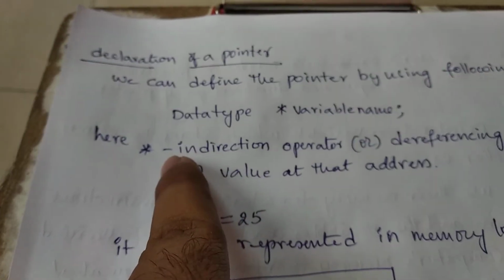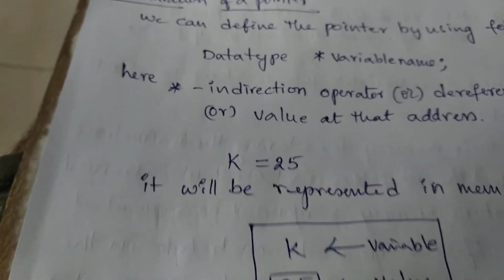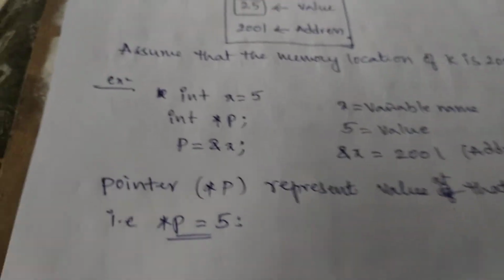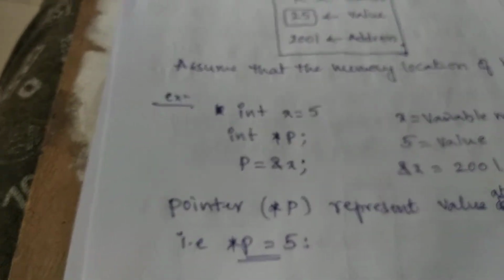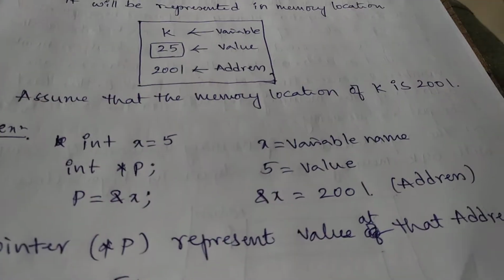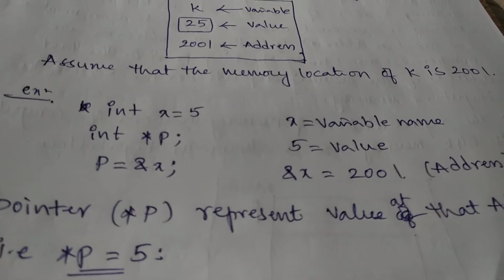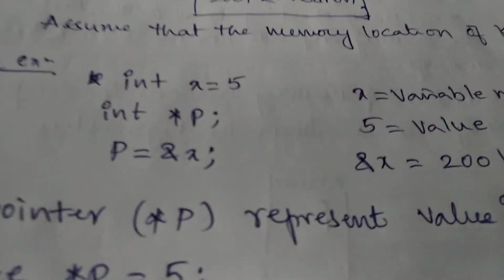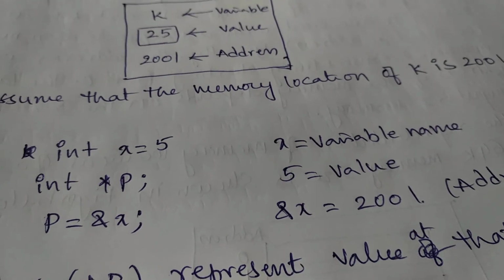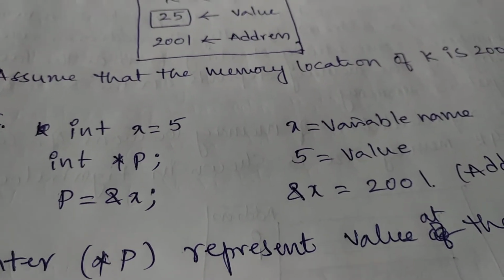The star indicates that the variable will contain the pointer of that variable. See, as one example: int x equals 5, int *p. Here x is the variable name, 5 is the value, and the address is 2001. If you want to read the value of x, we have to mention the pointer. *p returns the value 5.